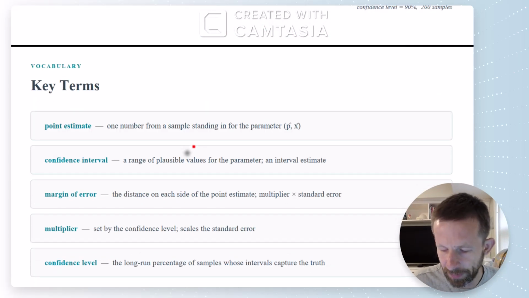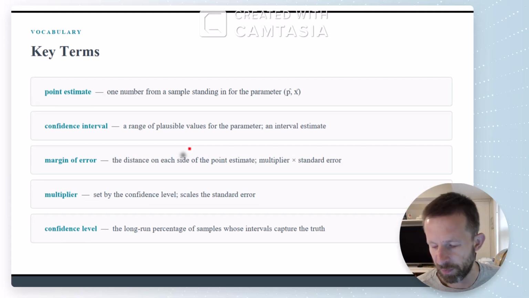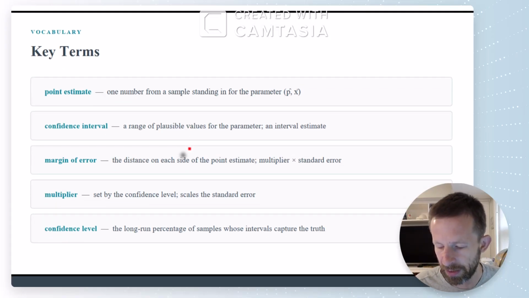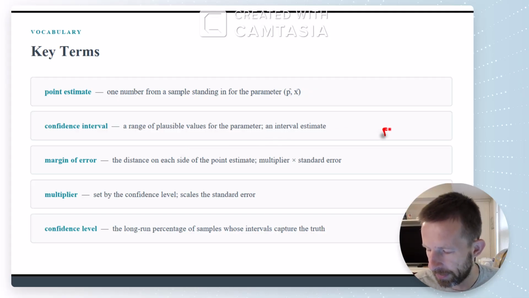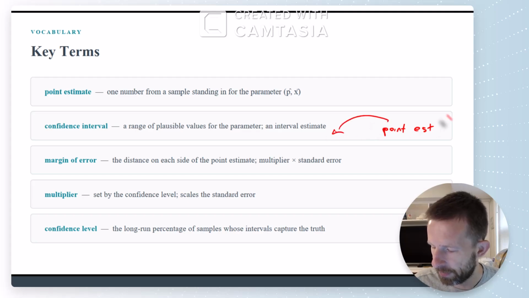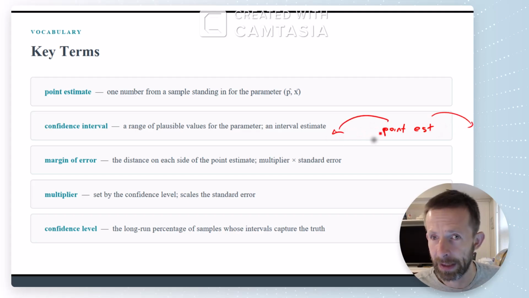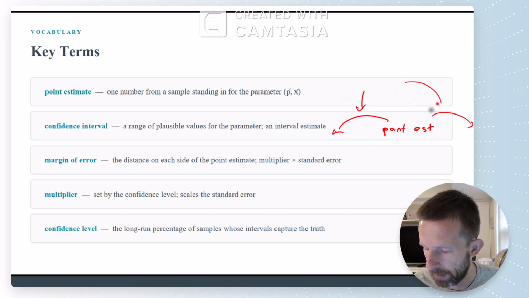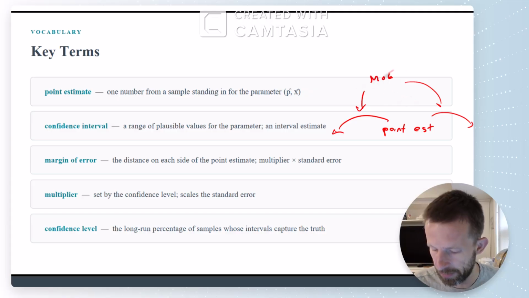So key terms: a point estimate is the one number from a sample standing in for the parameter. A confidence interval is a range of plausible values. Margin of error is the difference on each side of the point estimate. So I have a point estimate, and then I go to the left of it, to the right of it, and that distance that I go to the left and to the right, that's the margin of error.